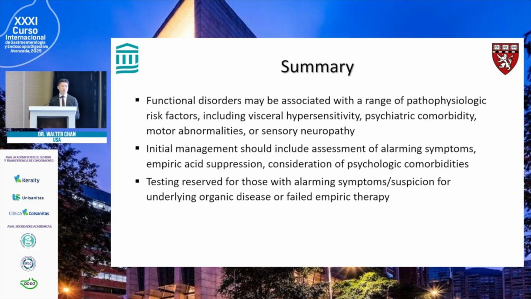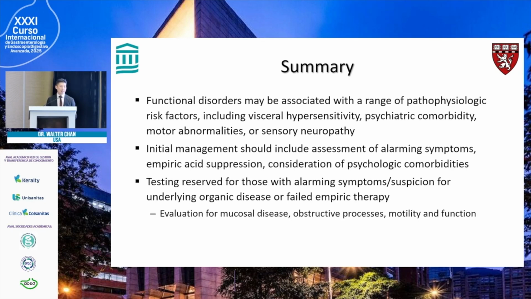Testing really should be reserved for those with alarming symptoms, or you have a high suspicion of an underlying organic disease, or if they fail empiric treatment. And when you do testing, you should evaluate for signs of mucosal disease, obstructive processes, maybe motility testing. And really, objective evidence of abnormal reflux from these tests is what truly distinguishes GERD from the functional heartburn patients.